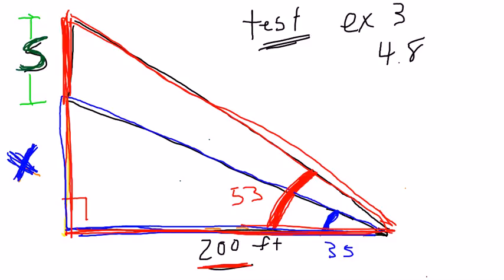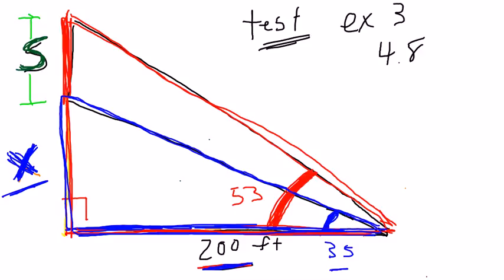I hope you understand at this point that by using this blue triangle, we can solve for X, because we know the adjacent side, and this side would be the opposite, and we have the angle. All right?